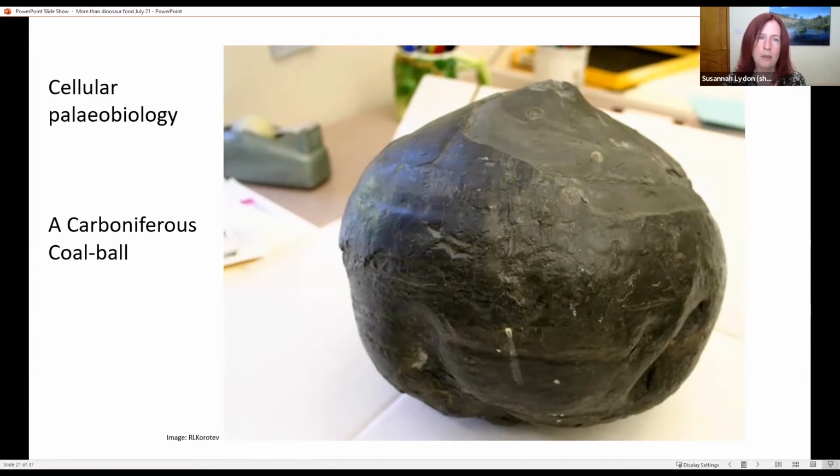I talked about the Rhyniophytes and that we had silicified preservation, which means that we have that cell detail in there. We also have it sometimes from the Carboniferous as well. So these are concretions. These are bits of beds in the coal measures. Where coal is formed, you get these calcium carbonate concretions that do the same thing. They preserve cell level detail.